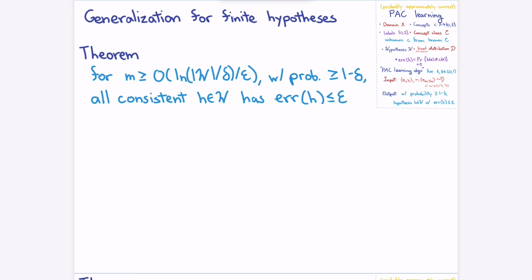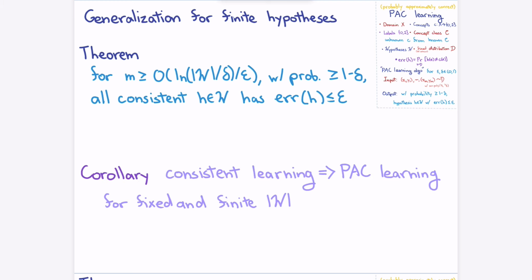So the claim is that for a finite hypothesis class, if you have at least log of the number of hypotheses divided by epsilon, then with probability at least 1 minus delta, any consistent hypothesis has error at most epsilon. A consistent hypothesis means it's correct on the training data. So if you have m input points.